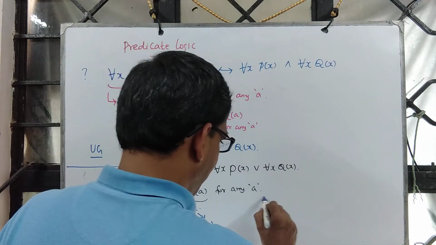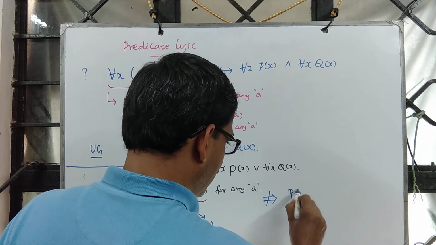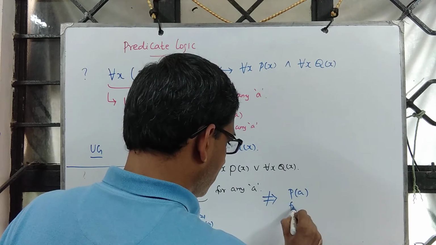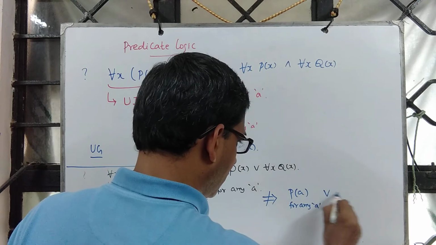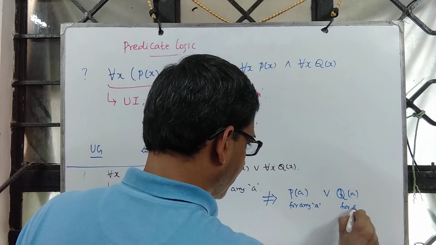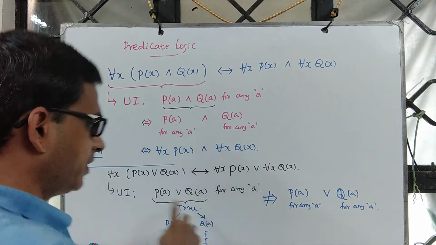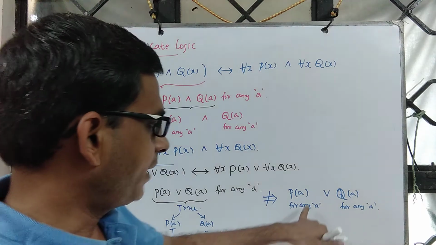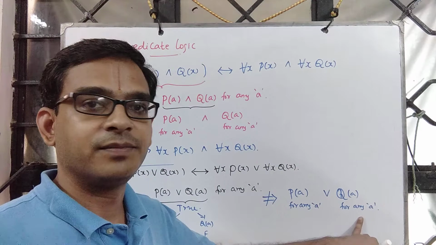So I cannot conclude that p of a for any a or q of a for any a. So from this I cannot imply p of a for any a or q of a for any a.